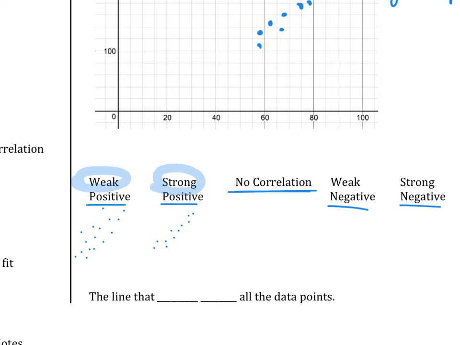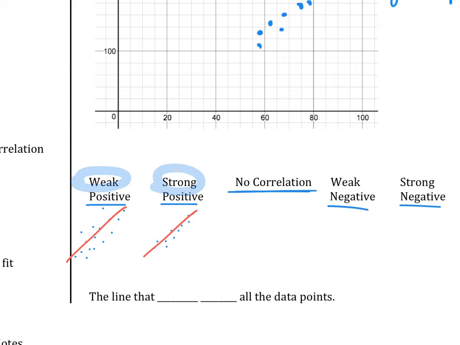If you can't really tell the difference, you can draw a line that you think best fits this graph, and ask yourself, do I have more points close to that line, or more points far from that line? In the weak positive, there are some points that are far from the line, but in a strong positive, most points are quite close to the line. That is the biggest difference between a strong and a weak correlation.